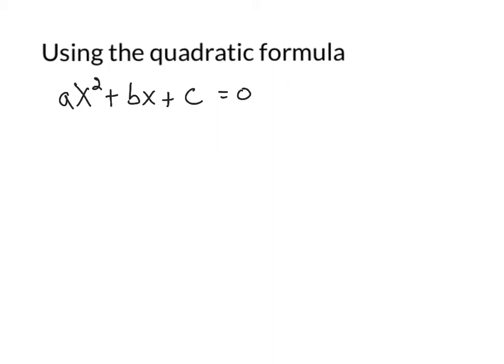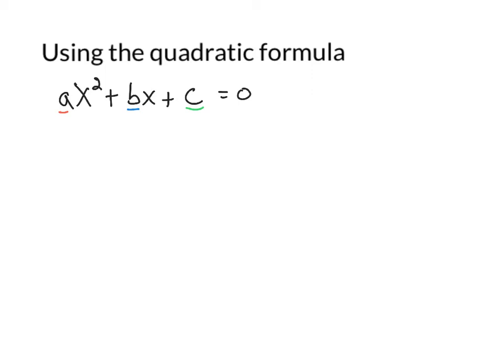And so if we're going to have a formula for this, what we want to know is what do I have to plug in for x to make this equation equal to 0? The solution is going to rely on a, b, and c. Depending on what those numbers are, we can come up with solutions, which means what do we plug in for x to get something equal to 0.